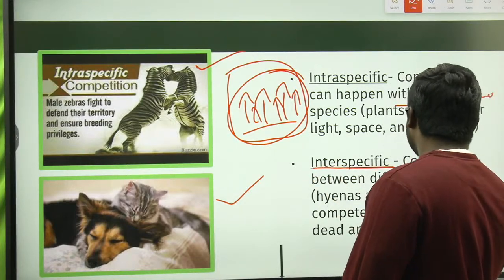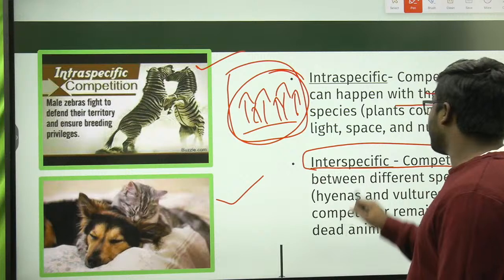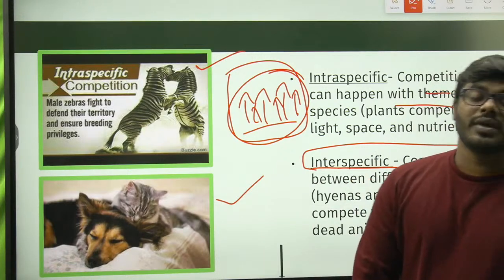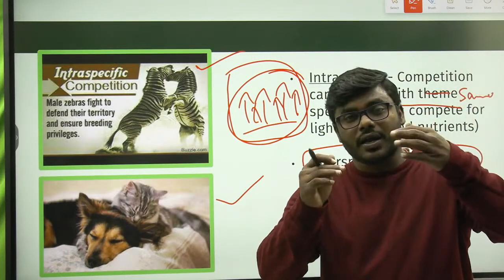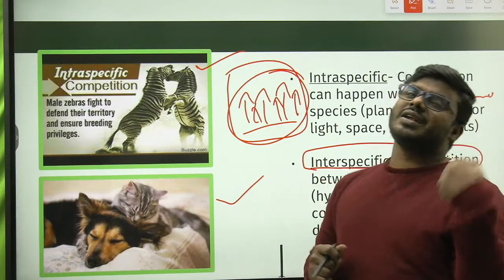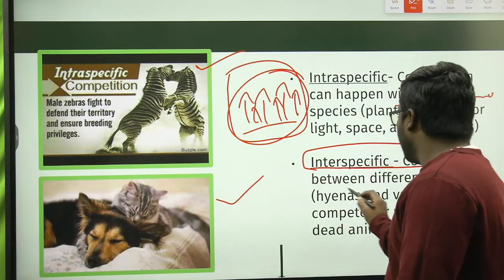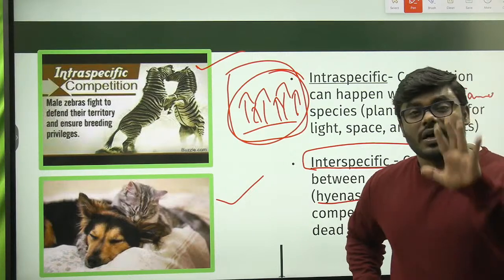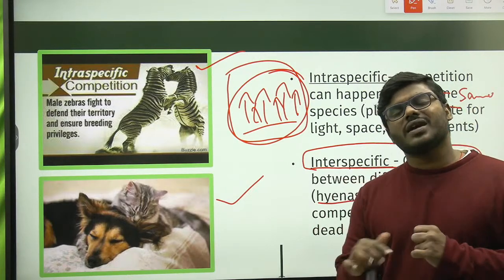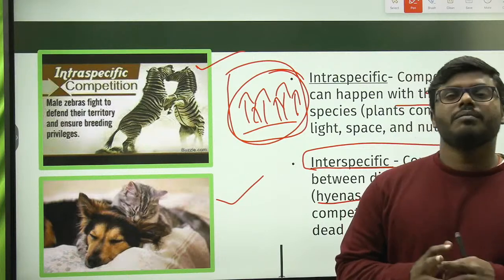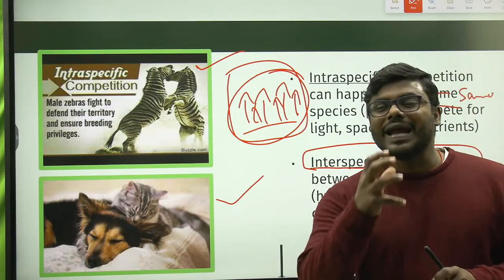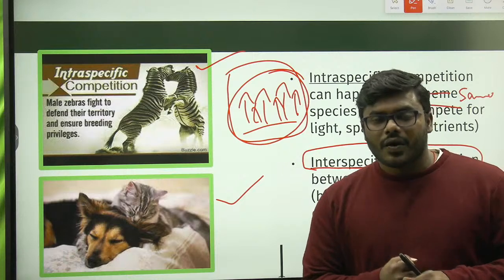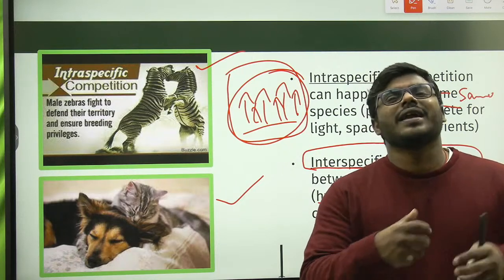Then what you have to understand is interspecific competition. What do you mean by the word interspecific? It is occurring between two different species. For example, take hyenas and vultures. Friends, hyenas and vultures basically depend on what? They majorly depend on dead organic matter, so they basically depend on dead bodies.